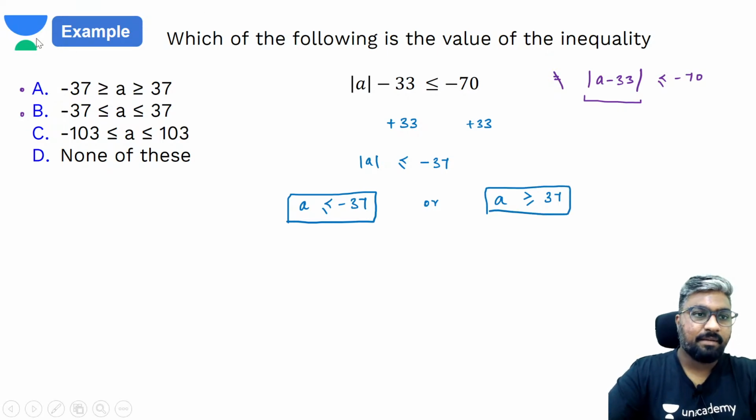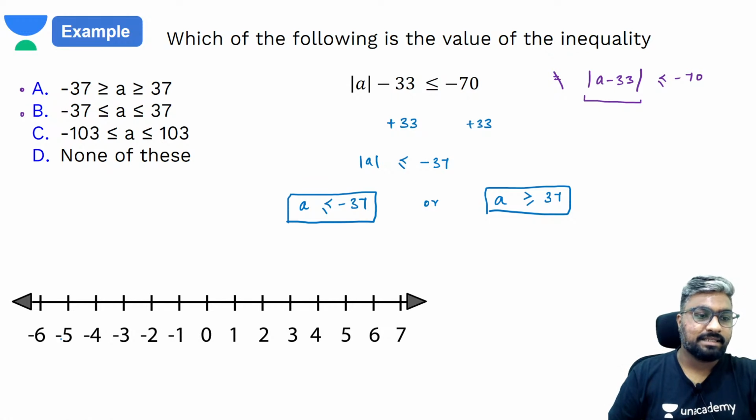Yes, so if I put the number line, let's say this is 37, minus 37, minus 38, here plus 37, plus 38, what will happen here? We are looking for values that are less than minus 37 included, or we are looking for values that are greater than 37, which will go this side. Yes, there is no intersection of the two. Understood?